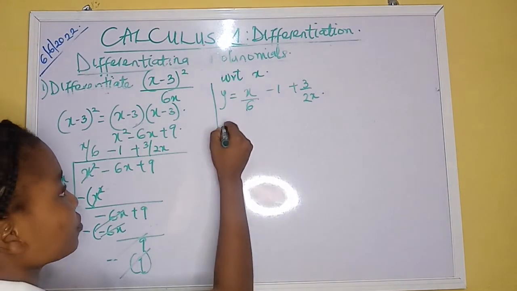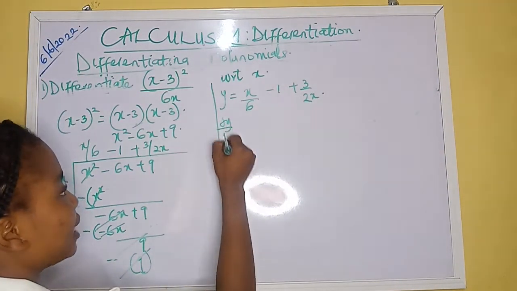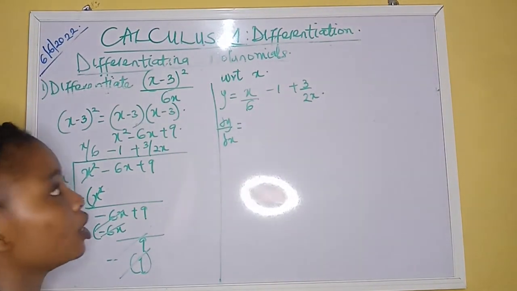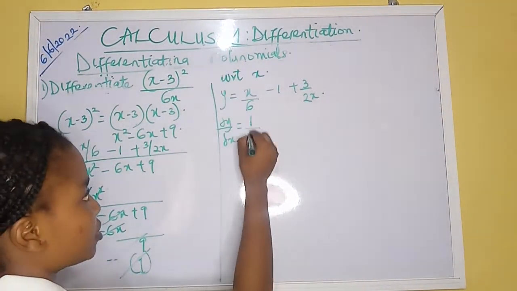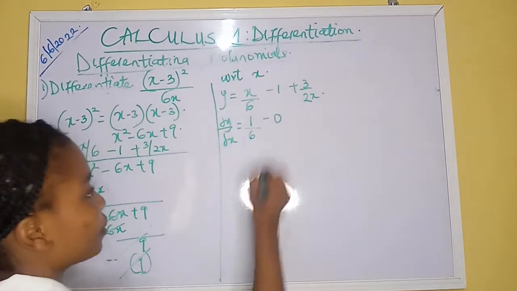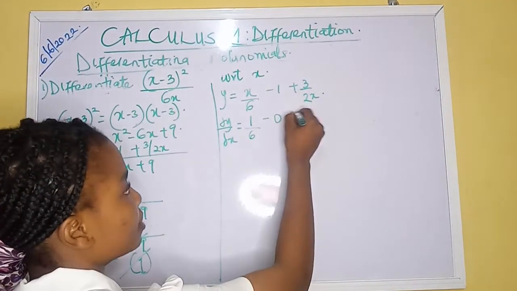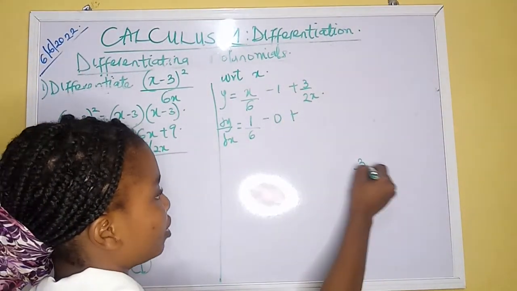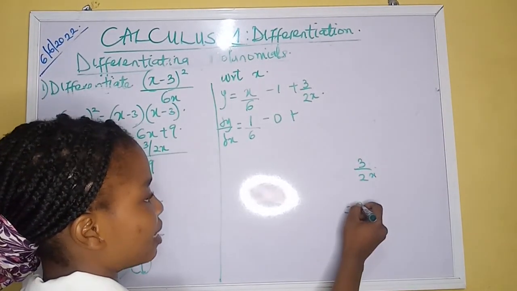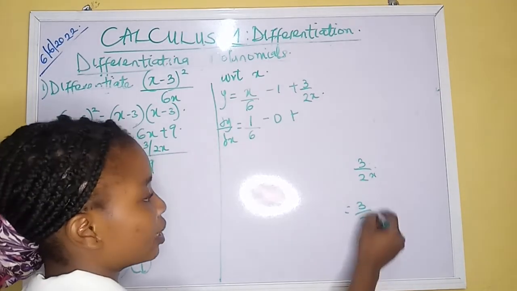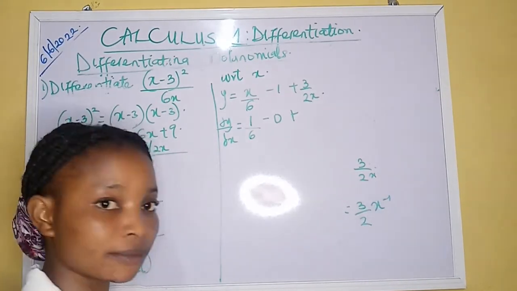So dy over dx, if I'm to differentiate this, will give you 1 over 6 minus 0. This 3 over 2x is the same thing as having 3 over 2, x raised to the power minus 1.